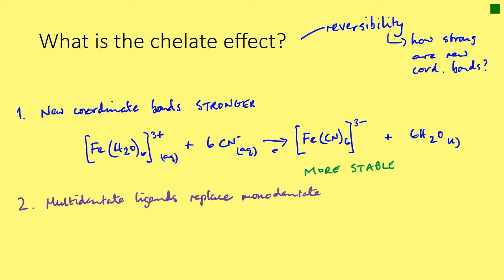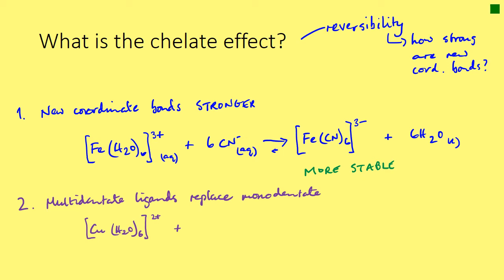So we're going to start off with a copper aqua complex. So you've got copper 2 plus ions, and you've got 6 water ligands, and so the complex is going to have a 2 plus charge because the water ligands are neutral. And so obviously the water ligand is a monodentate ligand, that's the one that's going to be replaced, and let's replace it with, in this case, a bidentate ligand called ethane 1,2-diamine.